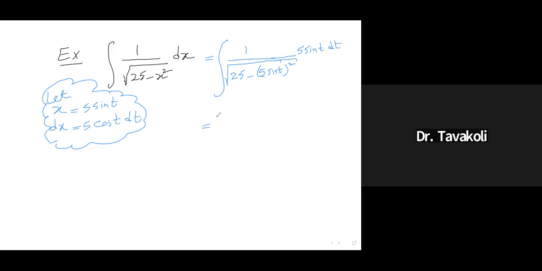So this equals the integral of 1 over radical 25, 5 sine t squared is 25 sine squared, and then 5 sine t dt. Excuse me, I made a mistake here. This was 5 cosine t dt, because dx here is 5 cosine t dt.